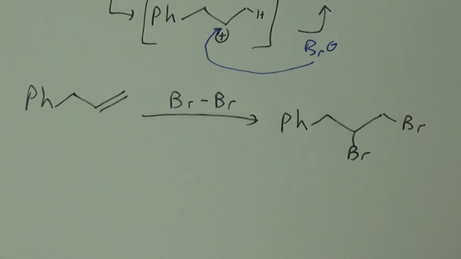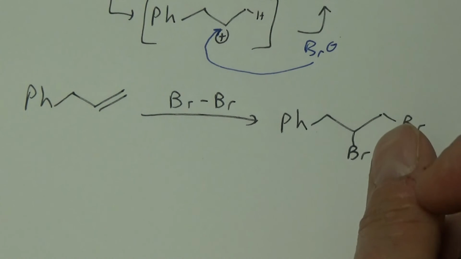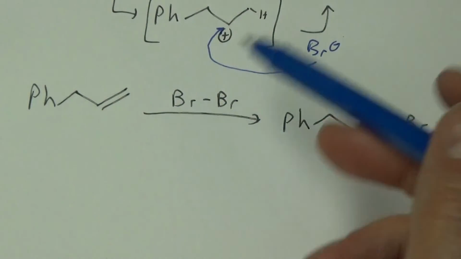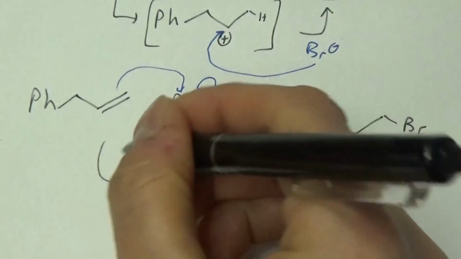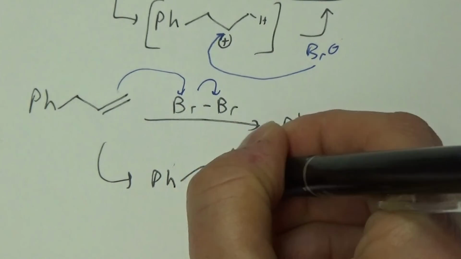Dibromination, right? Now, for the mechanism of this one, what's the intermediate look like? The basic mechanism, the alkene attacks. And what's the intermediate look like? Is there a name for it?